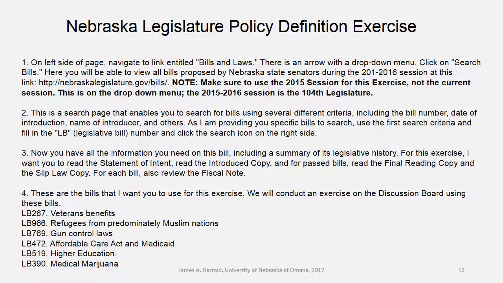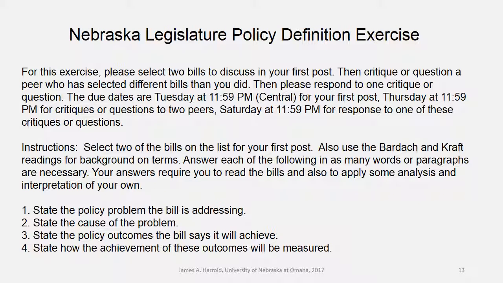So I want you to look at all of them. Even though in the discussion board exercise you're only going to talk about 2 of them specifically, I want you to be familiar with all of them so you can comment to your peers.